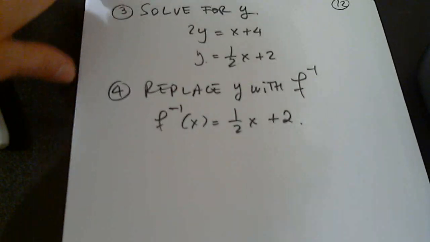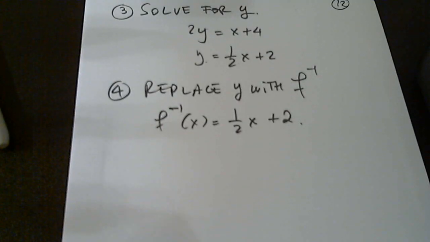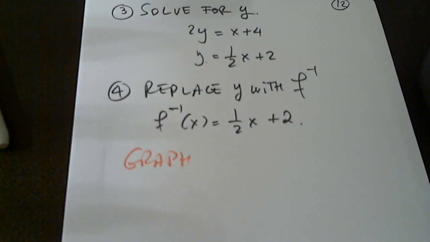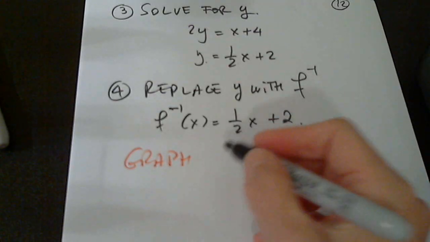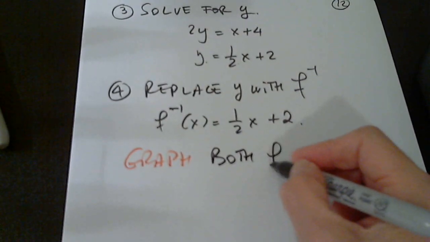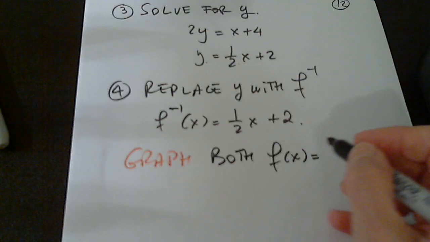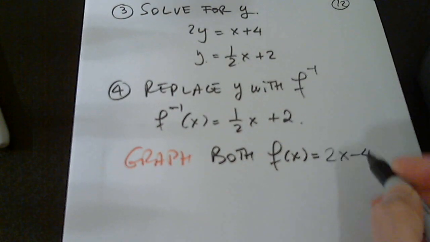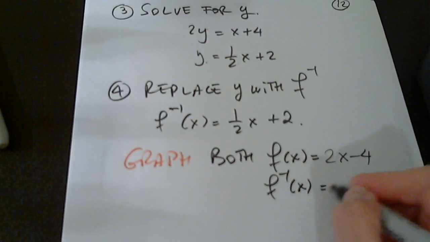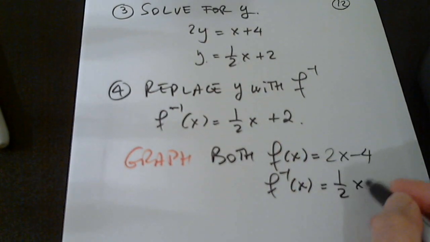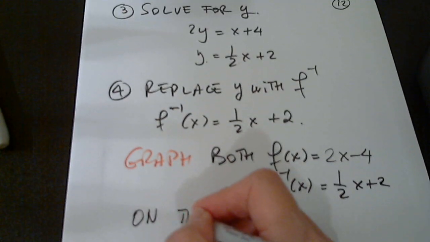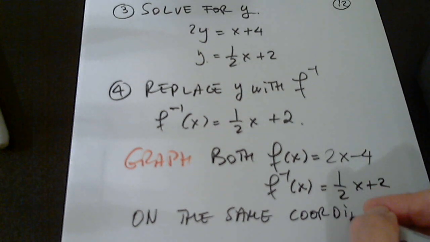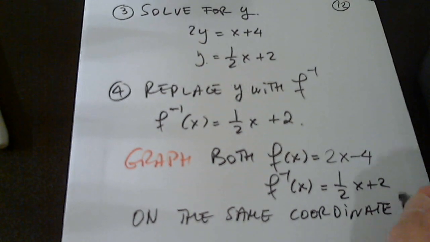What I would like to do now is graph both functions. Graph both f of x, which was 2x minus 4, and f inverse that we just determined, 1/2 x plus 2, on the same coordinate system.